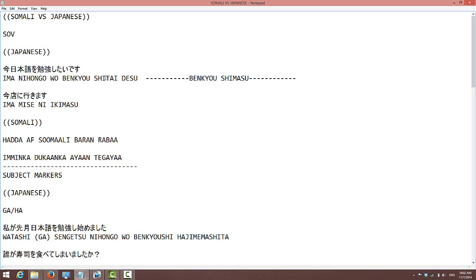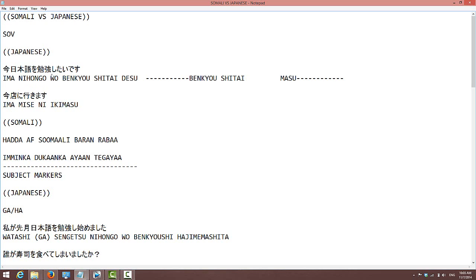Now what happened here is they dropped off the masu and added tai. It's a grammar rule to make it into want. So now you want to study, and then you add desu, which just completes the sentence. So I want to study Japanese is what it says.